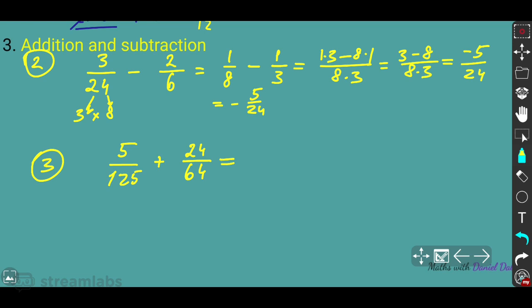Okay, so you got 1 over 25 and 3 over 8. Indeed, if you cancel 5 in 5 over 125, you'll get 1 over 25, because 125 can be presented as the multiplication of 5 and 25. So that's why you'll get 1 over 25, and on top of that, you add 24 over 64.